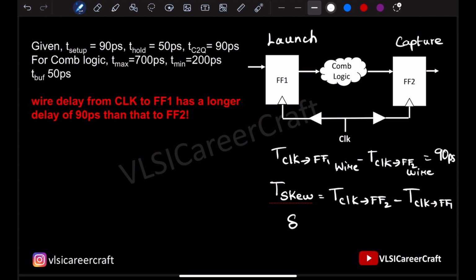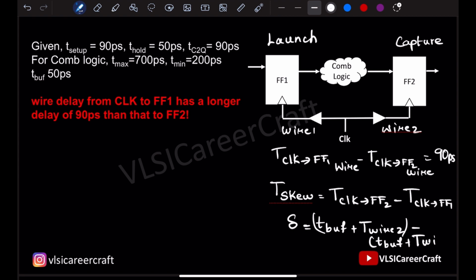So the clock skew is equal to T buff plus T wire 1.